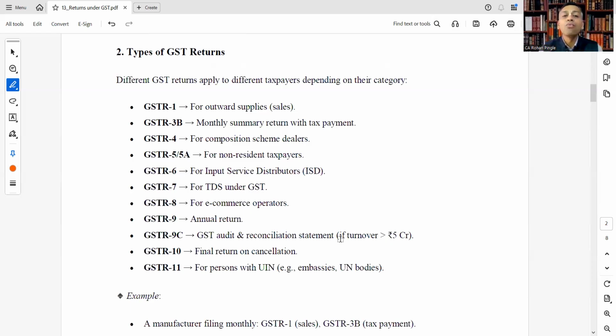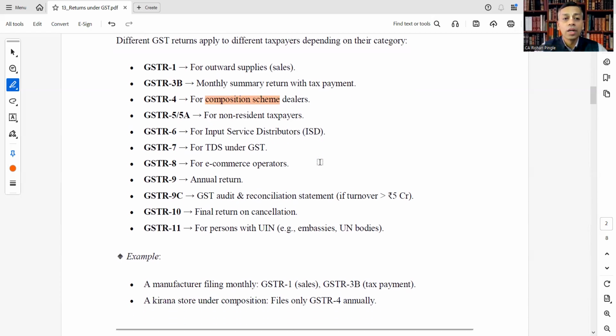GSTR 1 for outward supplies, that is the sales return. GSTR 3B is a monthly summary return with tax payment. GSTR 4 for composition scheme dealers, who are required to file GSTR 4, not GSTR 1.